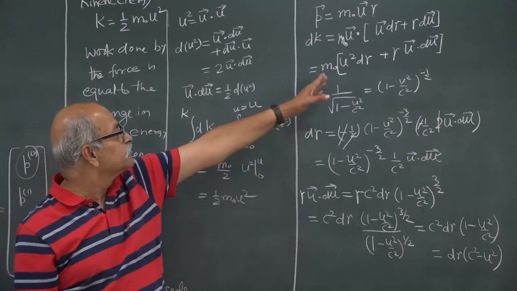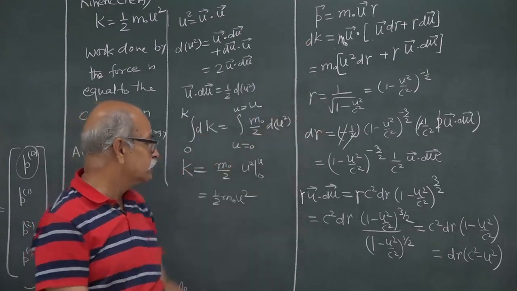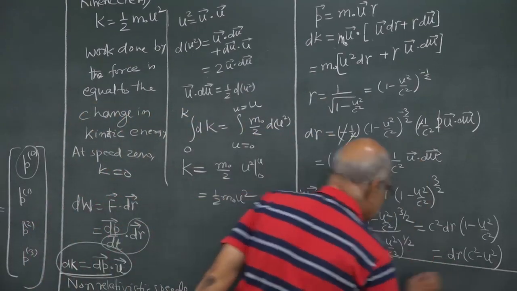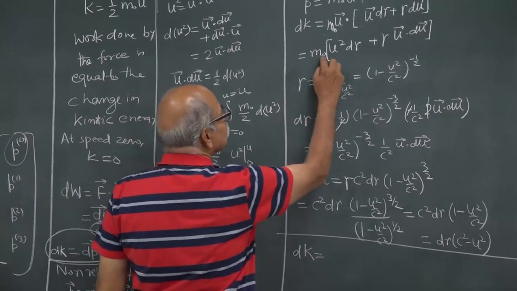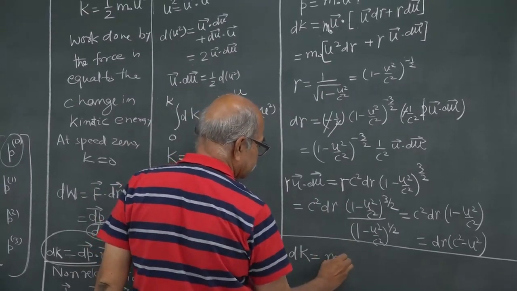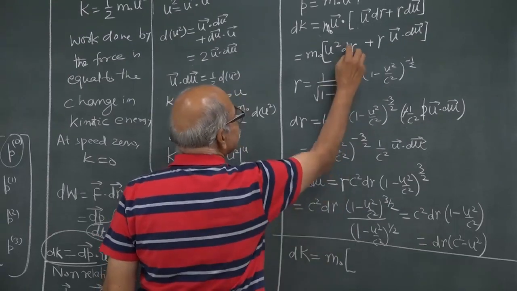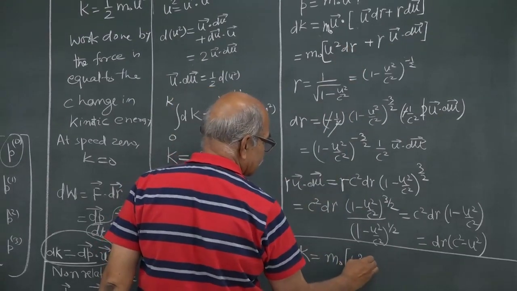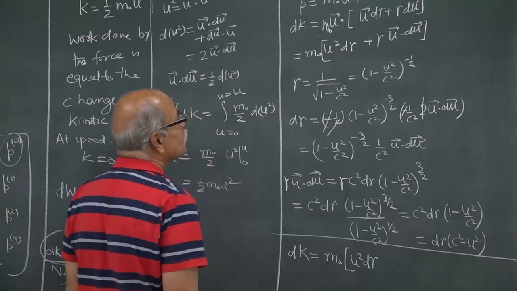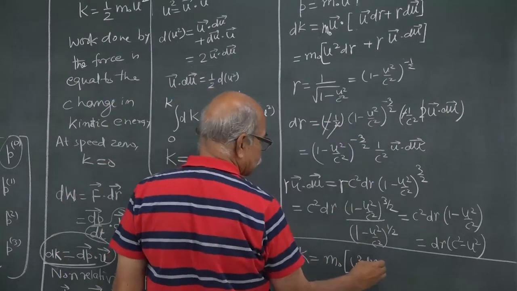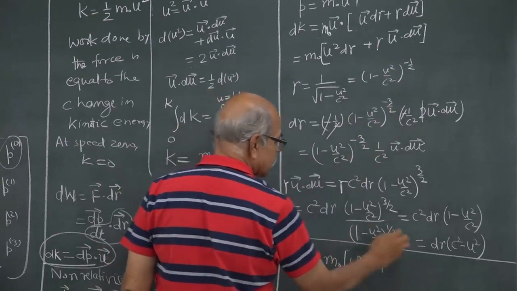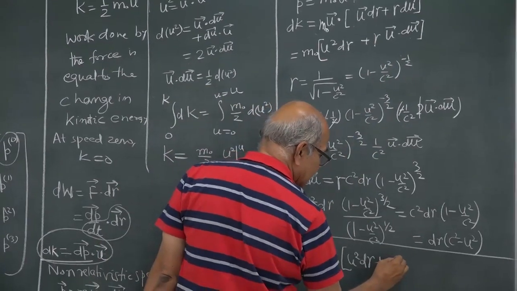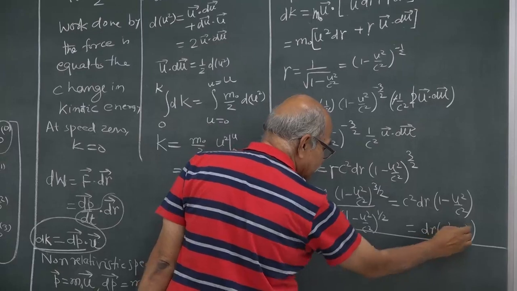And put it here in the expression of dk. So what is dk? dk is equal to m naught, and then u square d gamma, and then plus this expression, d gamma (c square minus u square).